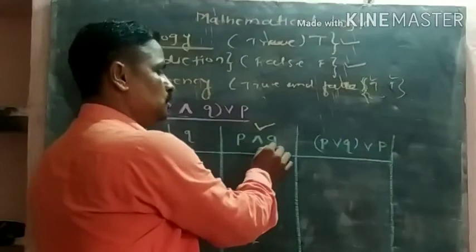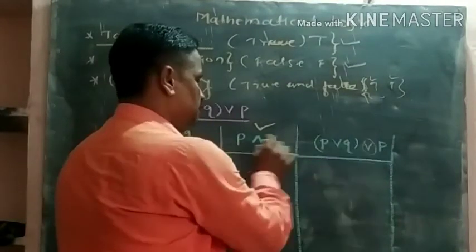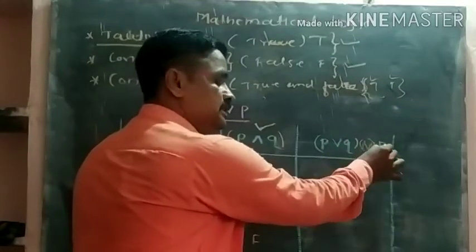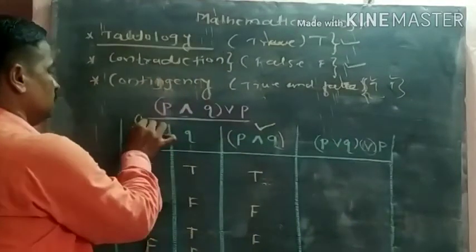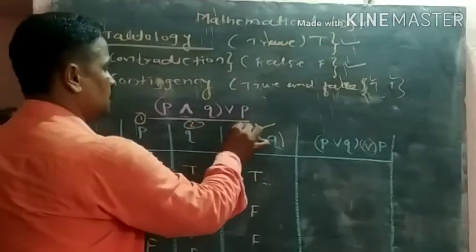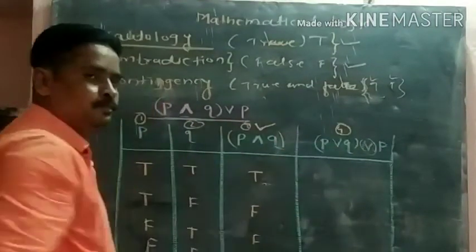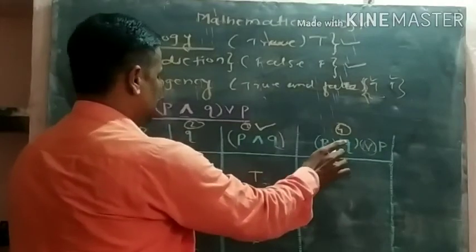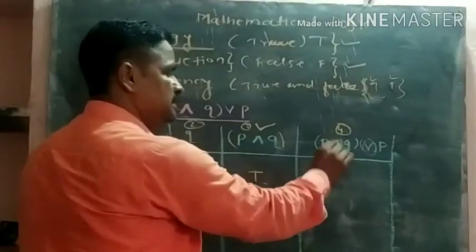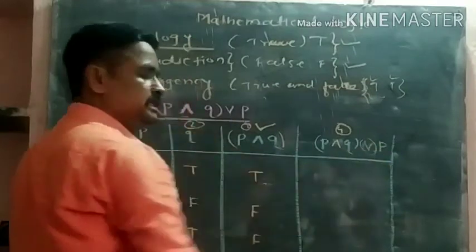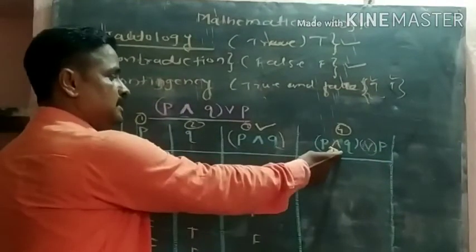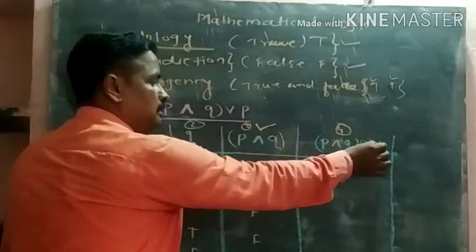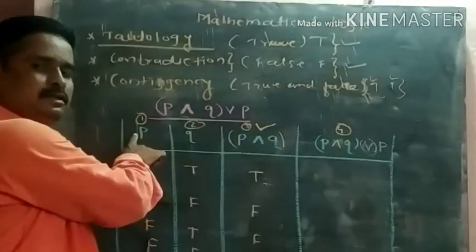Now we want to take a disjunction with P. P conjunction with Q, we have to take a disjunction with P. So give a number to each column: 1, 2, 3, 4. So we have to take P conjunction with Q, disjunction with P. P conjunction Q lies in column number 3 and P lies in column number 1.